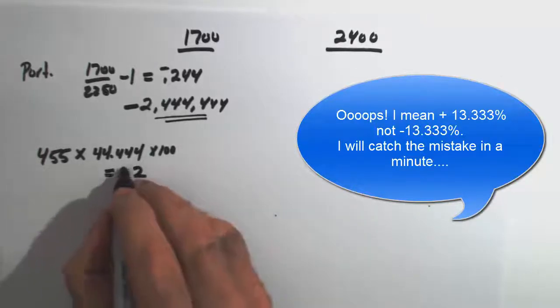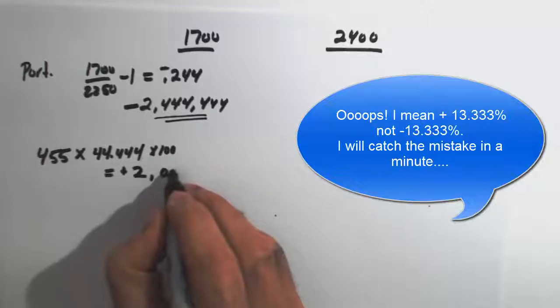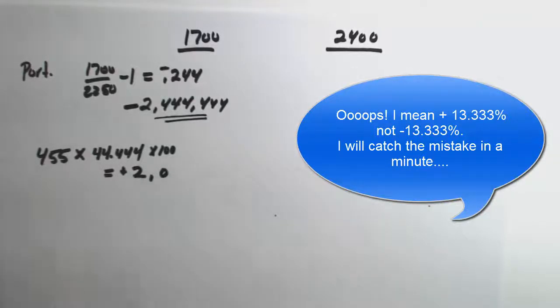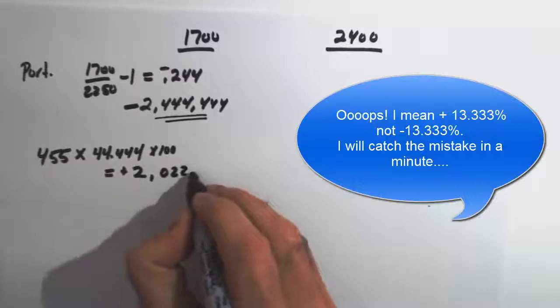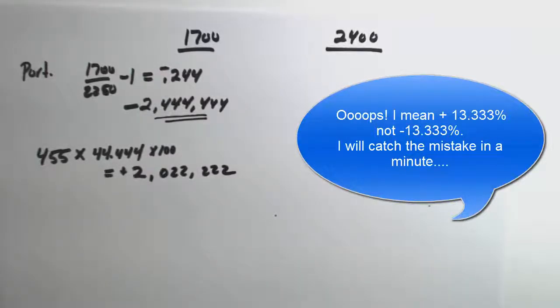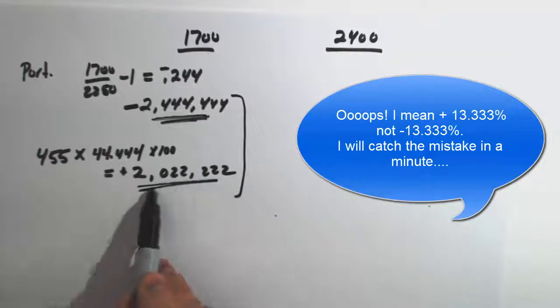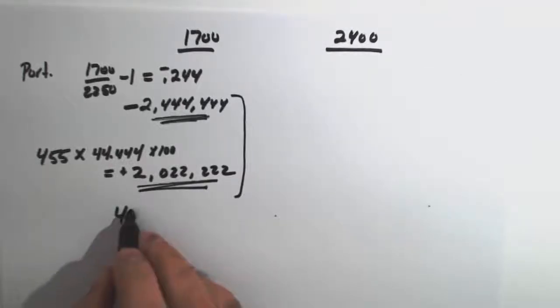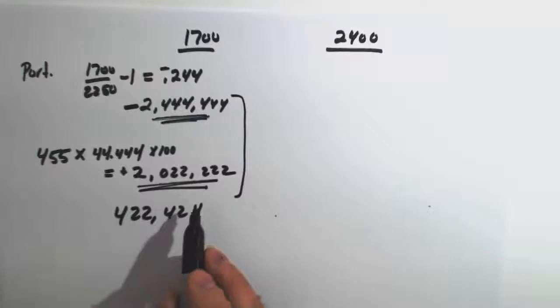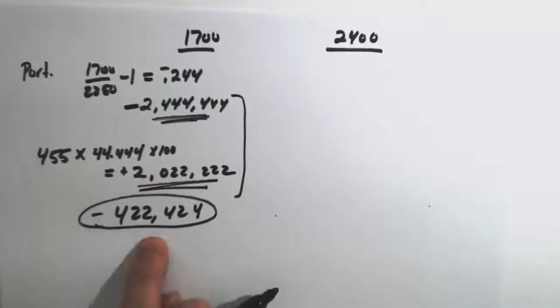We have a positive gain of $2,022,222. Okay, and so the net effect of the loss on your portfolio versus the gain on the options amounts to 422,424, and we're down.